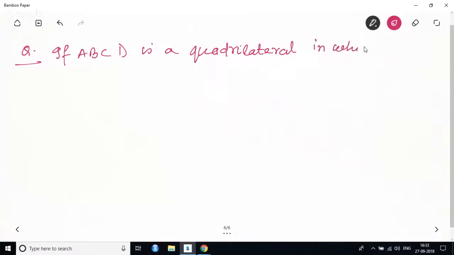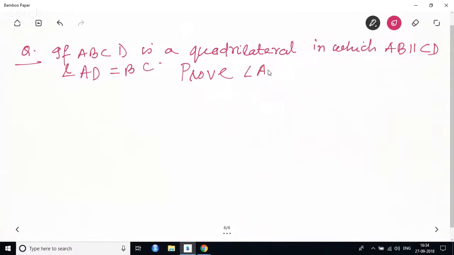So I am writing there, if ABCD is a quadrilateral in which AB is parallel to CD and AD is equal to BC, prove angle A is equal to angle B.